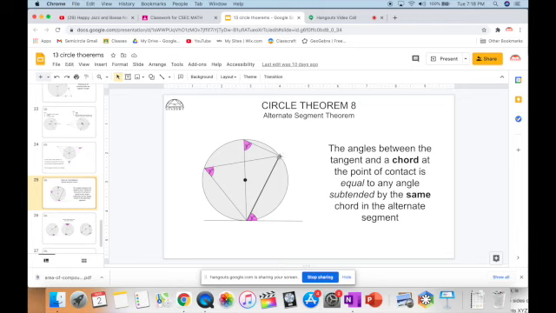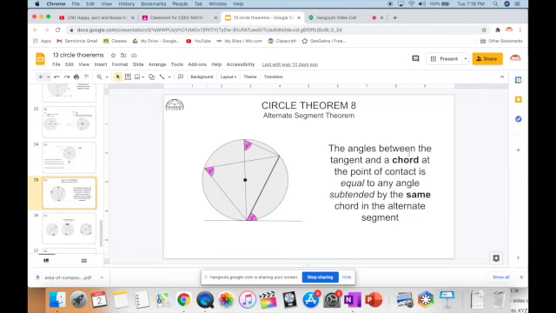And therefore it is that arc that subtends these angles here. And what they say is that when you have angles being subtended by an arc, and you have a tangent touching the chord, this angle will actually be equal to these.